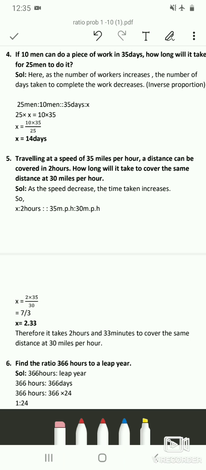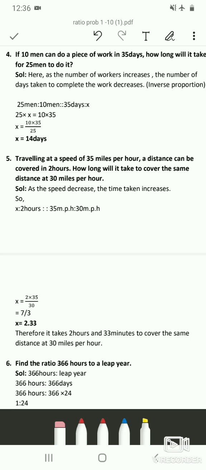So obviously when you decrease the speed, the time taken to cover a distance will increase. So they are inversely proportional. So this is an example of inverse proportion.